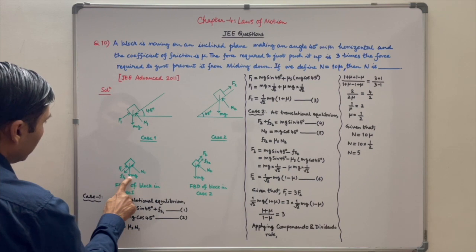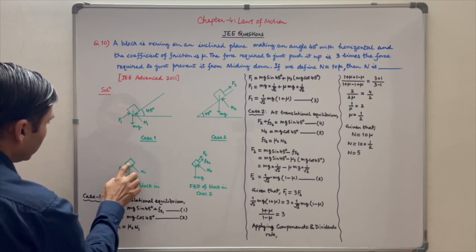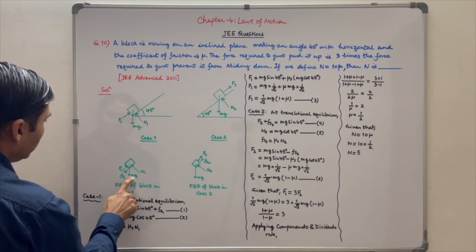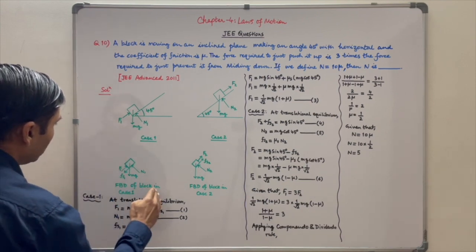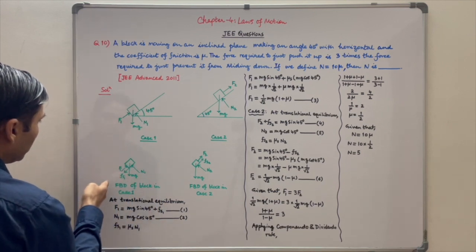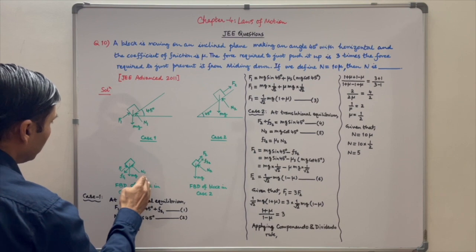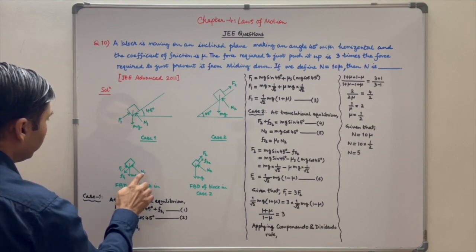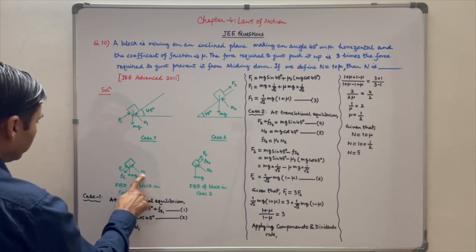Weight of the block is mg, that works vertically downwards at its geometrical center. We will resolve it into two components, one along the plane, another perpendicular to the plane. Along the plane component will be mg sin 45, and perpendicular to the plane component will be mg cos 45. N1 is normal reaction applied by the plane which is perpendicular to the plane.